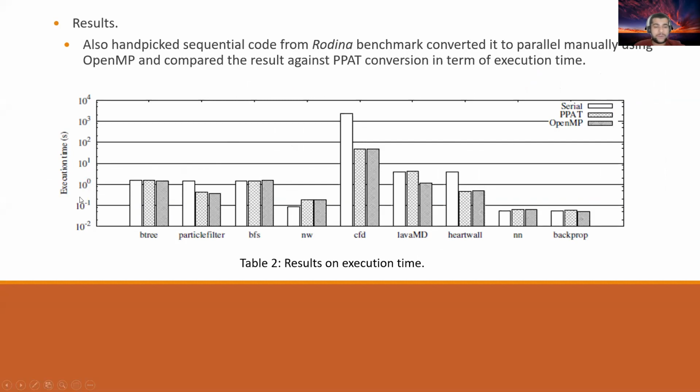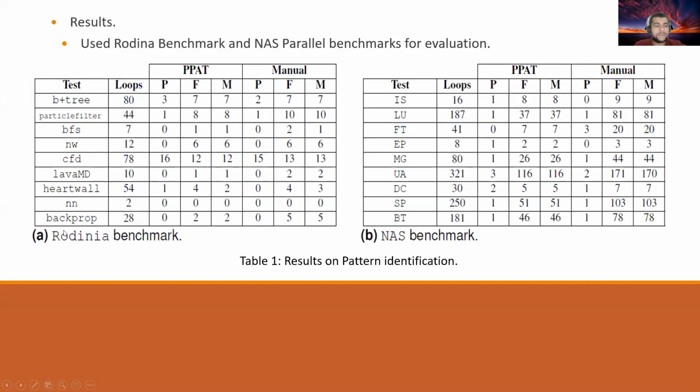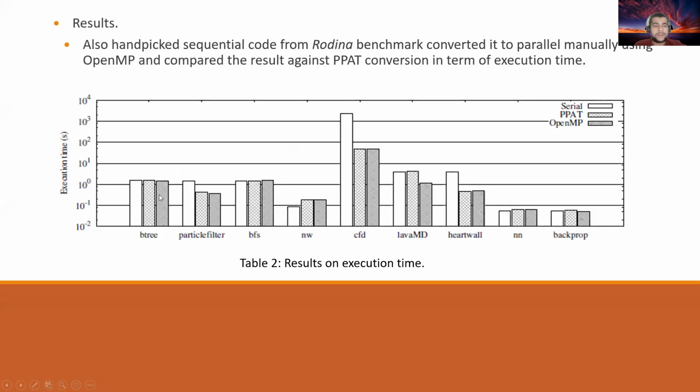So execution time is over here, and this is again the benchmark code used, B-tree, particle filter. These are from the Rodinia benchmarks. If you look at B-tree, the sequential code execution time, and then the PPAT execution time and OpenMP. The performance is not worse than OpenMP.